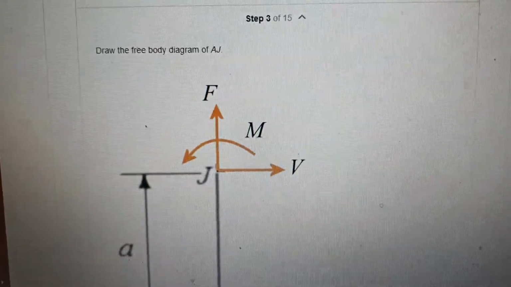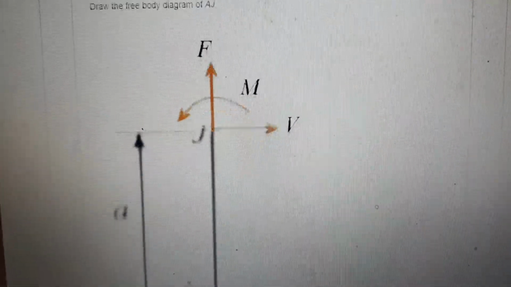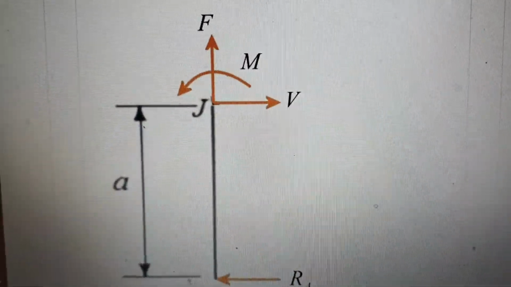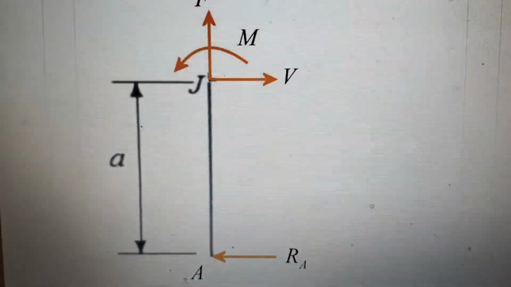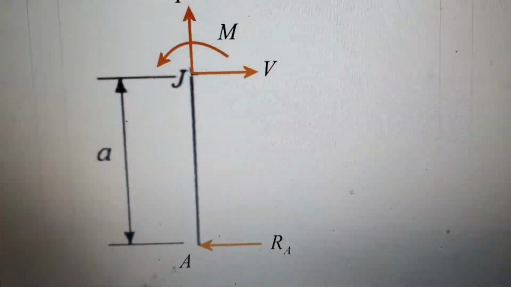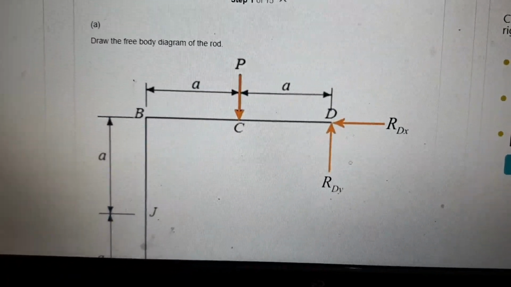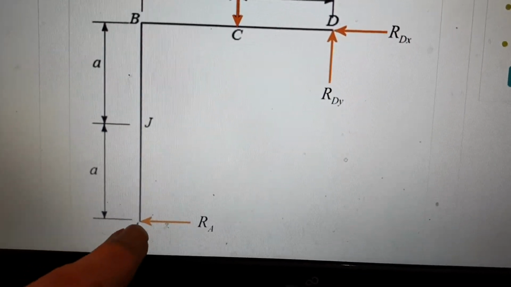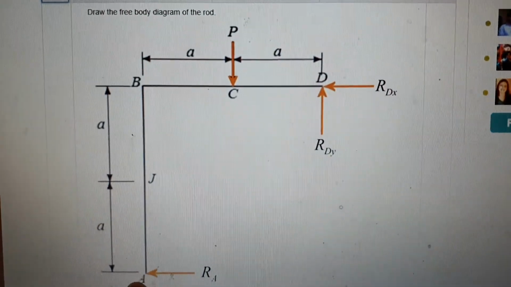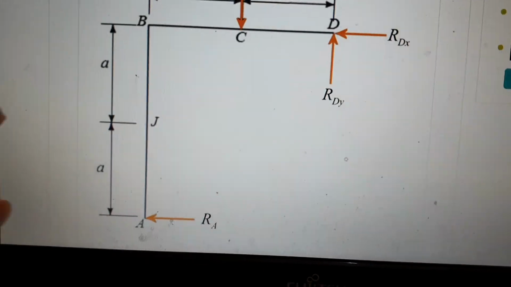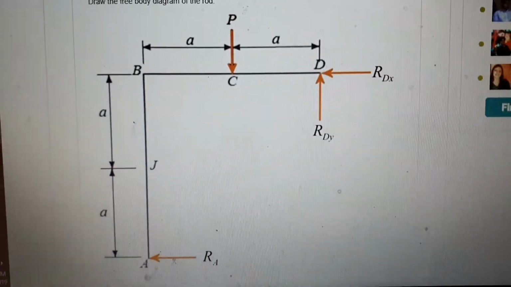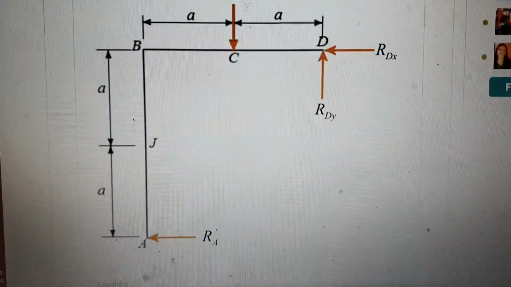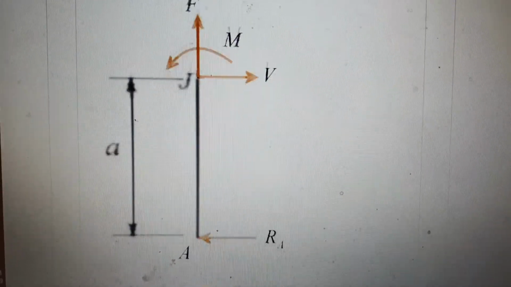Now we'll draw a free body diagram around AG. We found RA as a function of P, so A to G. If you cut this member, it will be like that.